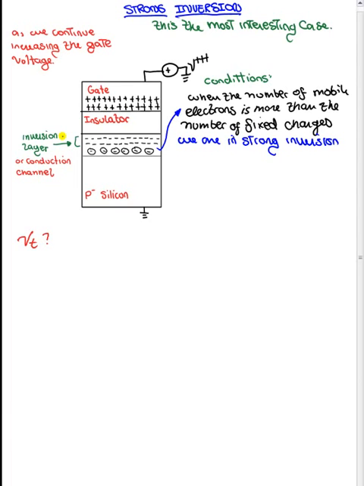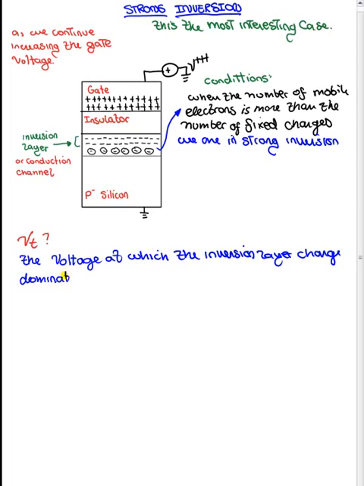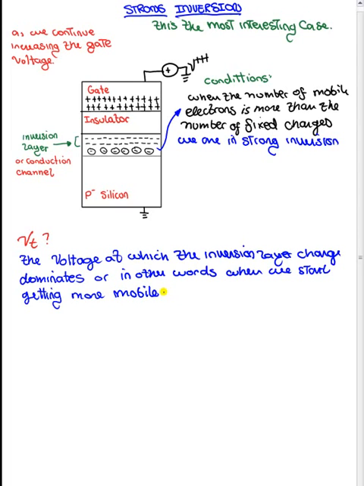So let's write that down, and you should probably remember that when you talk about MOSFET transistors. The threshold voltage is the voltage at which the inversion layer charge dominates, or in other words, when we start getting more mobile electrons than fixed charges, right?